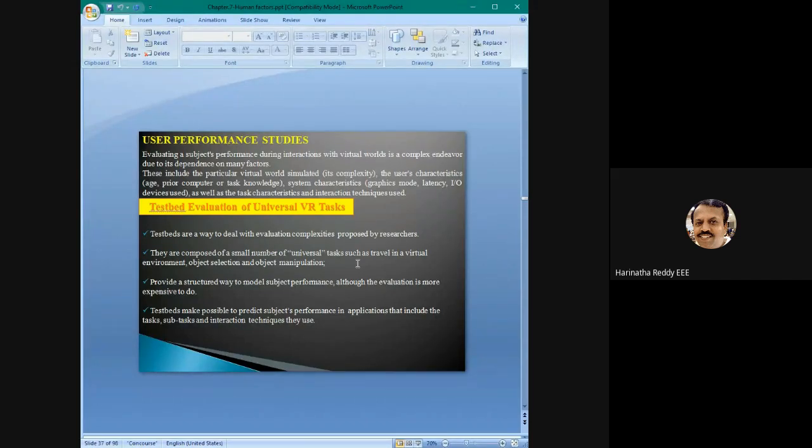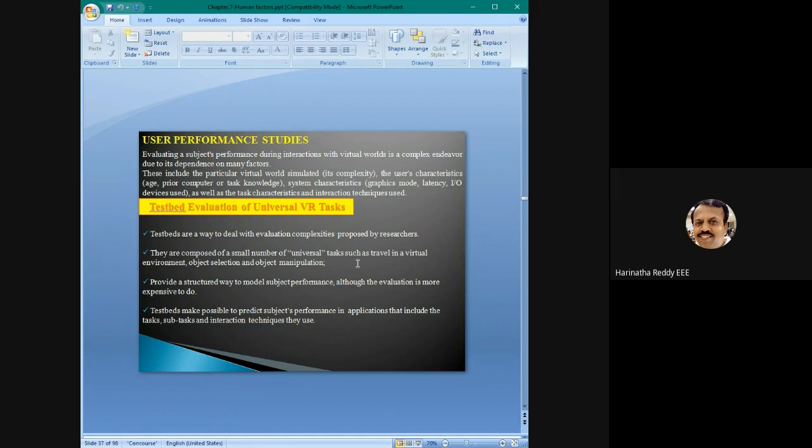Now this particular performance study is very important, because performance study during interactions with virtual worlds in general is a complex endeavor, because there are many factors involved here. So what are the main factors that are considered here by the user?